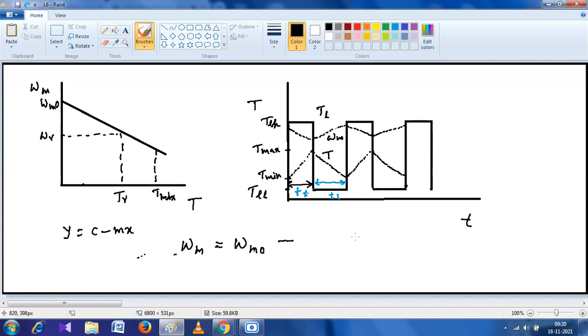If the motor speed-torque characteristic is of drooping nature, then we can fulfill our torque requirement for load equalization. So from the drooping curve, we have to make the equation of that curve. The curve is like y is equal to c minus mx. Here the value of y is omega m because we plot the speed on the y-axis, and the value of c is omega m0.